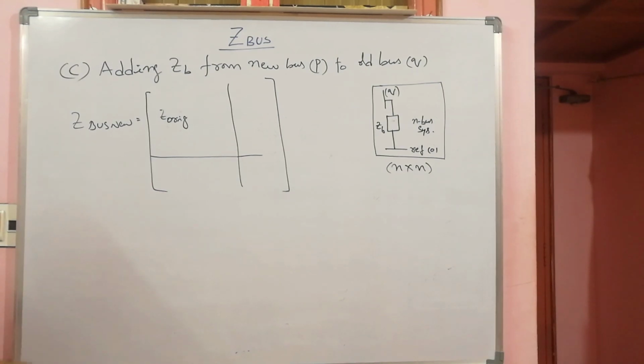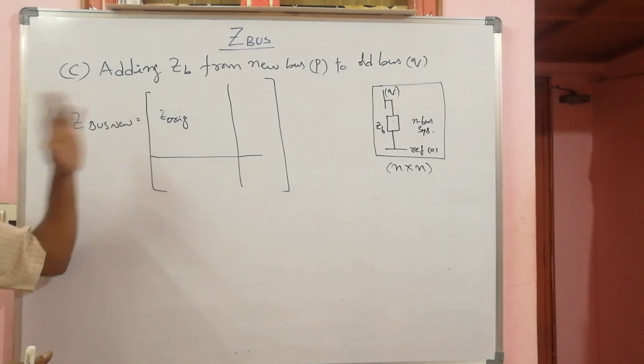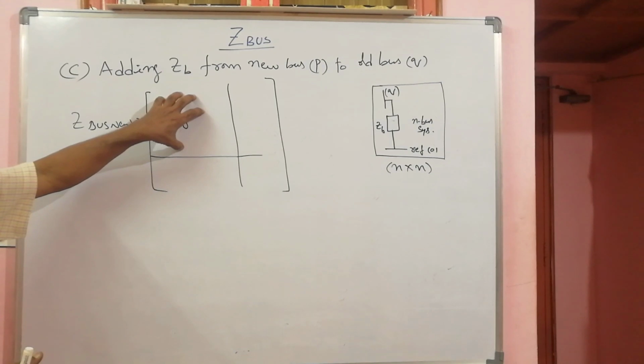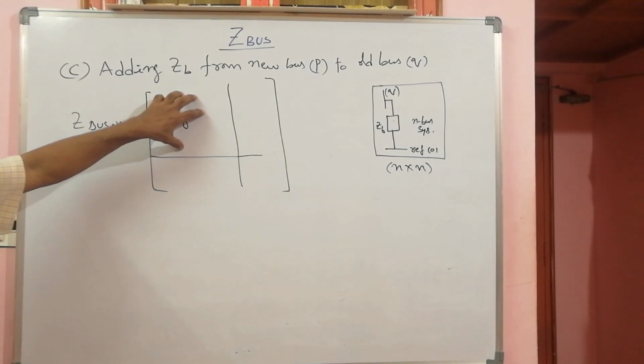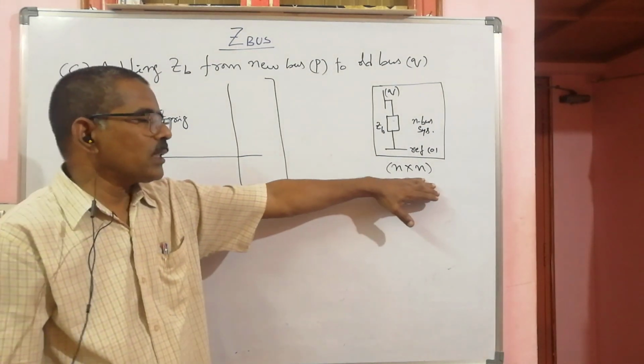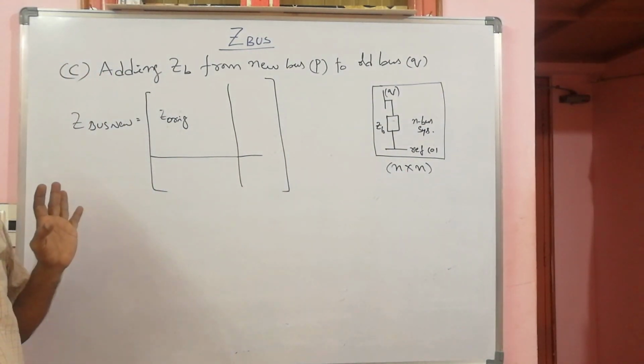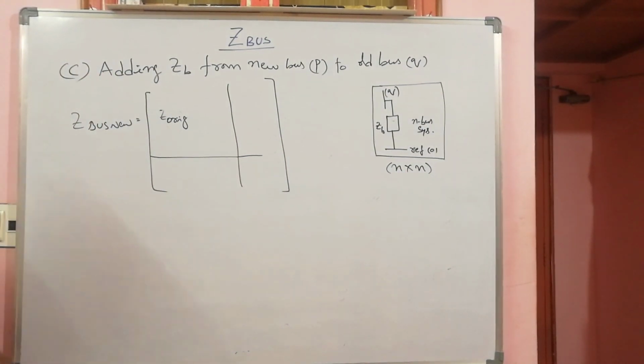Please try to follow the procedure. This is Z bus original. But finally the size is to be only n by n. But you follow what exactly is to be modified, and then you try to understand.